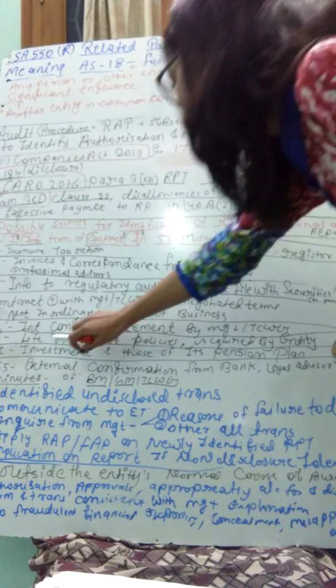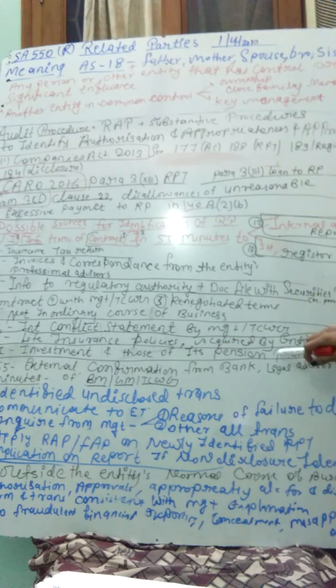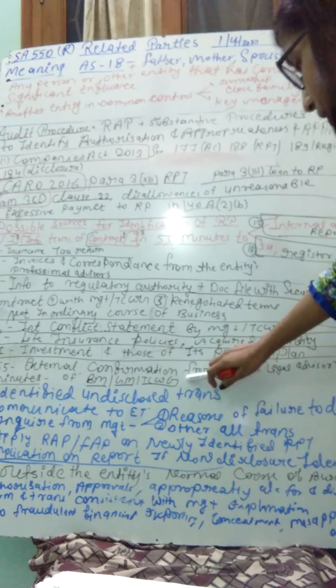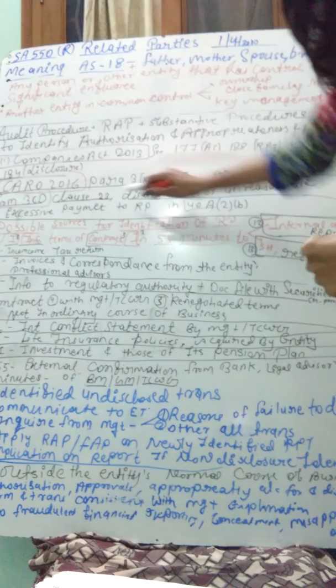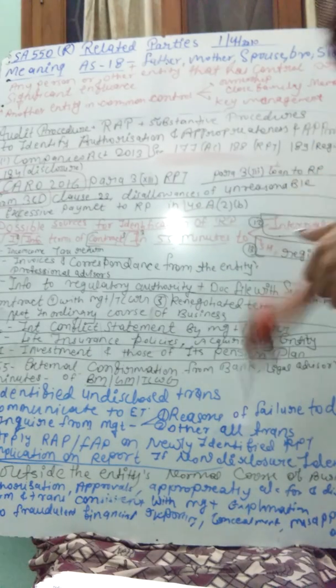Then information for life insurance policies, investments, and those of its pension plans. Then minutes of the board meeting, minutes of the general meeting and minutes of the TCWG meeting. Then the internal auditor report, and the shareholder register for significant shareholders. Okay, this is all the possible sources where we can identify the related parties or related party transactions.